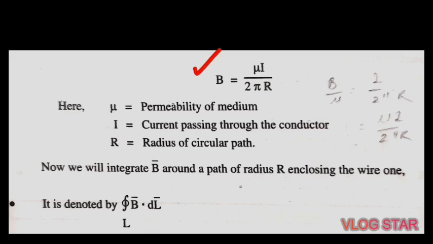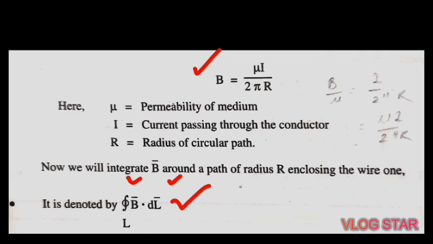Now we will integrate this B bar around the path of radius r, including the wire, which is denoted by B dot dl bar. Again the question is how to decide the direction of B and dl bar. Let us consider the conductor, that is the wire, carrying current I. So we have to use the cylindrical coordinate system.